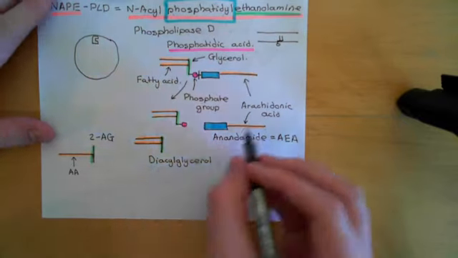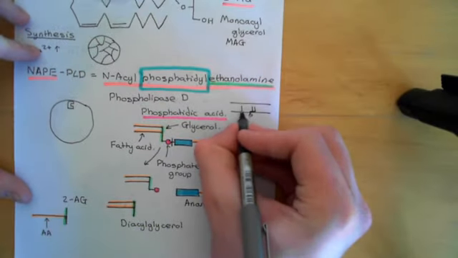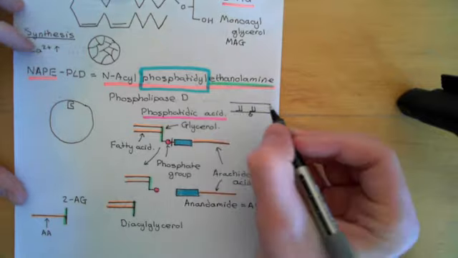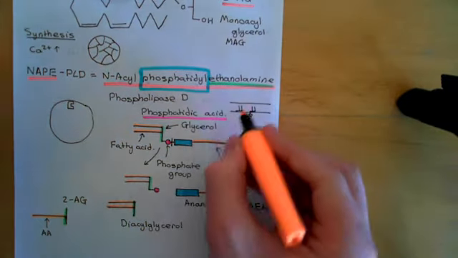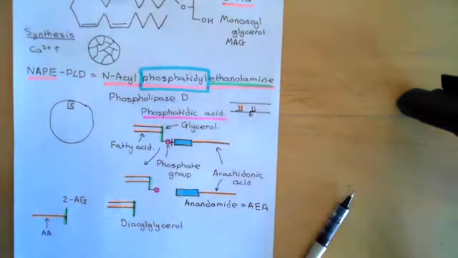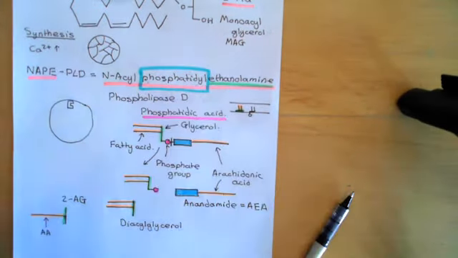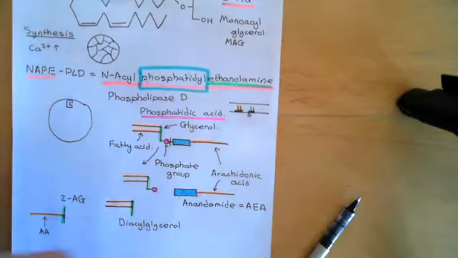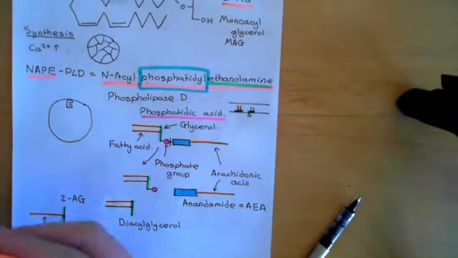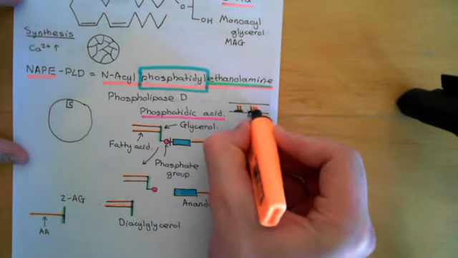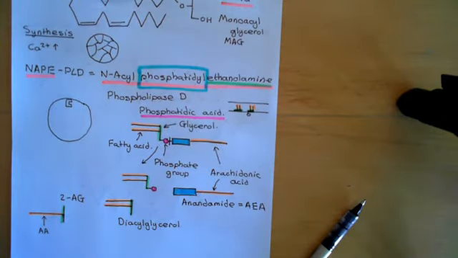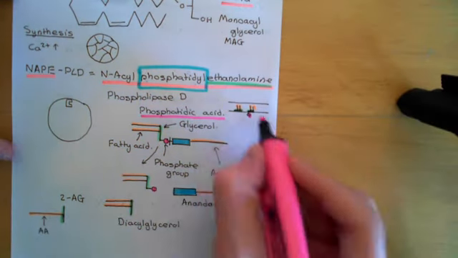So again, if we go back to this picture, here would be our diacyl glycerol, and I might just add a little bit of colour onto that. Here are the long-chain carboxylic acids, and here is the glycerol molecule, and then I'll do the same for the phosphatidic acid molecule. Here are the long-chain carboxylic acids, and here is the phosphate group.